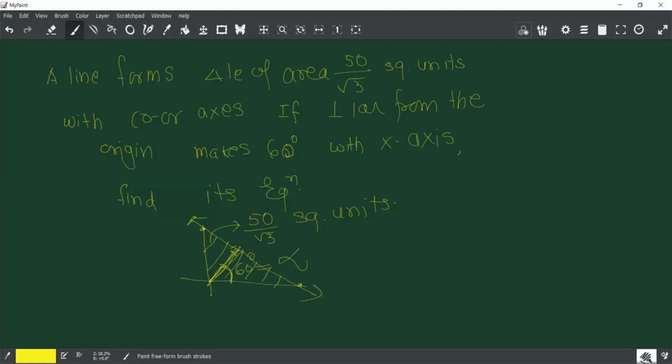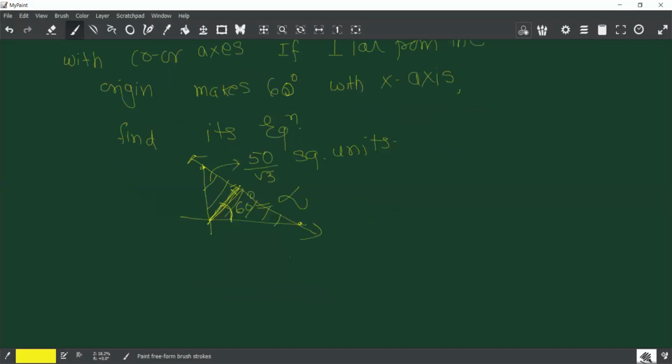So when the angle made by the normal is given, either you can do this sum by normal form also. It is x cos alpha plus y sin alpha is equal to p, where p is the length of the perpendicular of the normal.